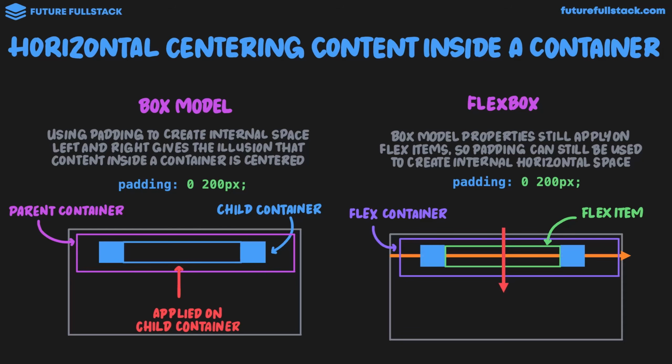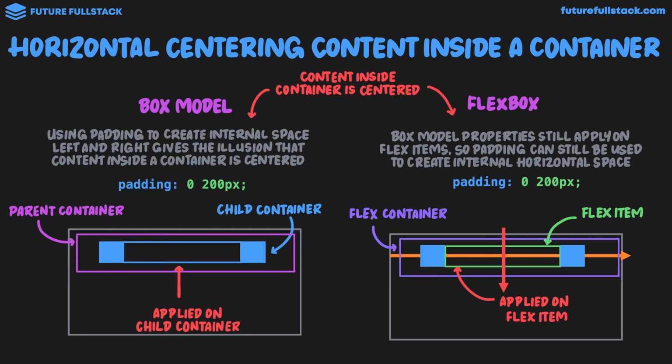And like with the box model, the padding is applied on the flex item, that is, the child container. So when adding padding, what effectively is happening is that the content inside the container is centered. So unlike before, where we were centering the actual container using margin or Flexbox properties, we're just using padding to create extra space, which gives the illusion that our element is being centered.